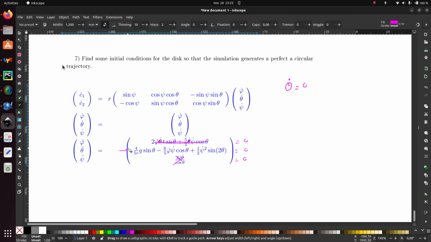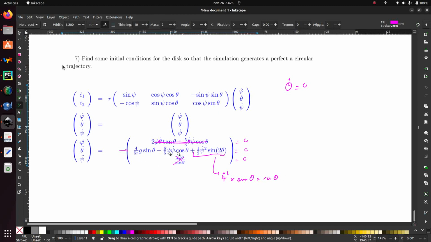Okay. So for this, we can see that sine theta, this one, all this quantity is equal to psi dot squared multiplied by sine theta multiplied by cos theta.